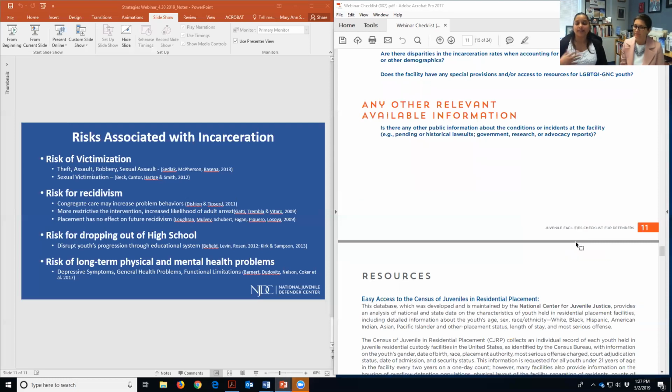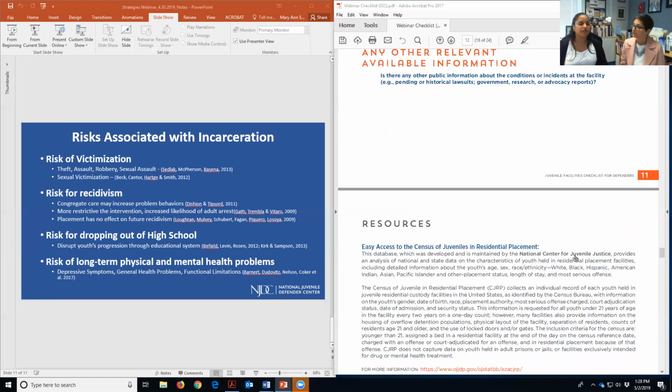So in collecting this information, we would ask defenders to regularly visit their facilities, to speak to their clients, to speak to former clients who may have been housed in those facilities, to speak to stakeholders who are more knowledgeable about those facilities if they're not able to immediately visit them, to use informal public requests and also public requests if information is not provided by the facility in an informal way.